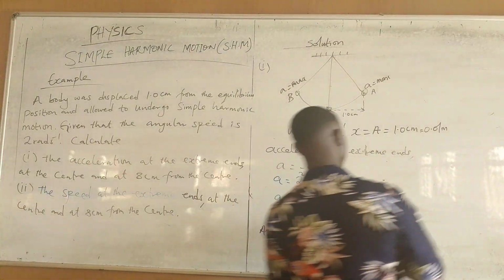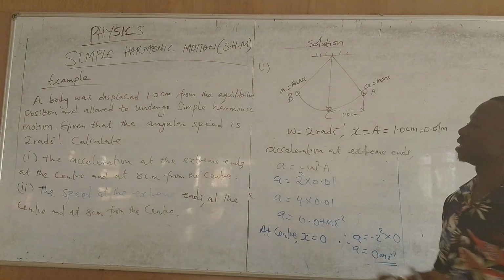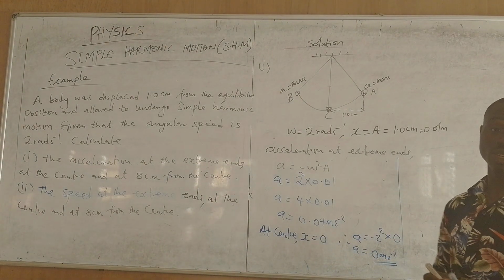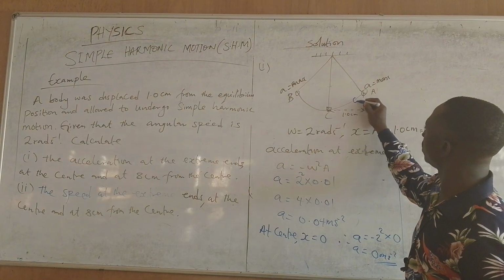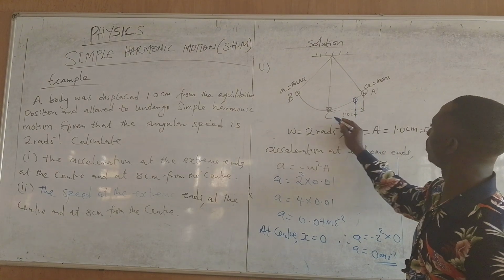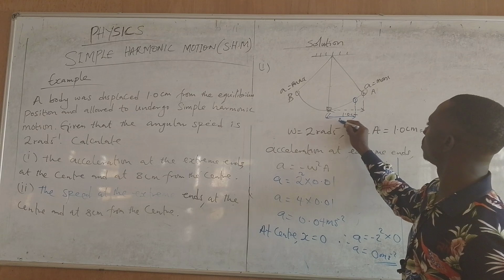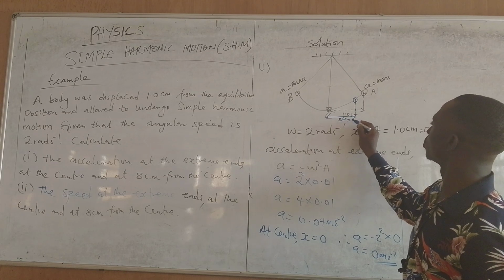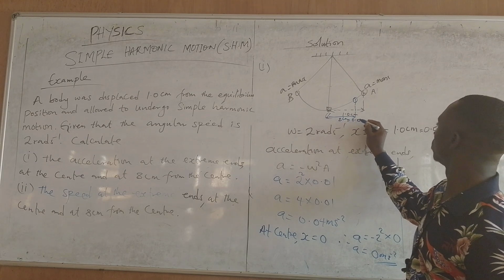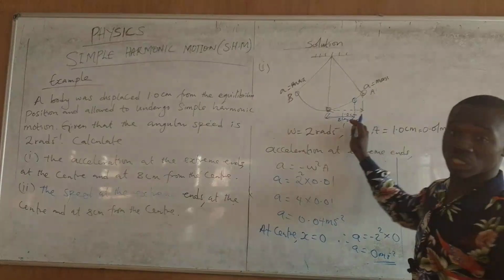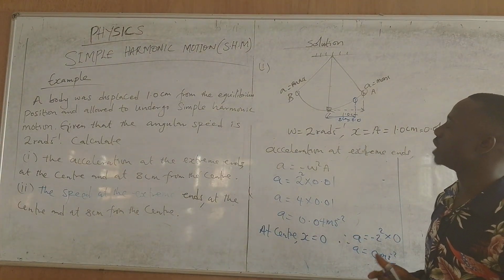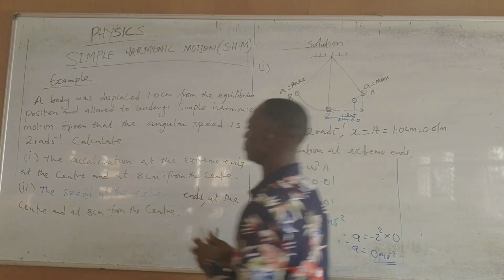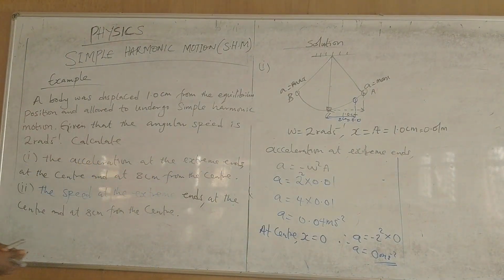Then the next one says acceleration at 8 centimeter from the center. You know, if here to here is 1 centimeter, around here should be 8 centimeter, right? Yes, 8 centimeter from the center. I think I just made a mistake, sorry. Thank God for that mistake.